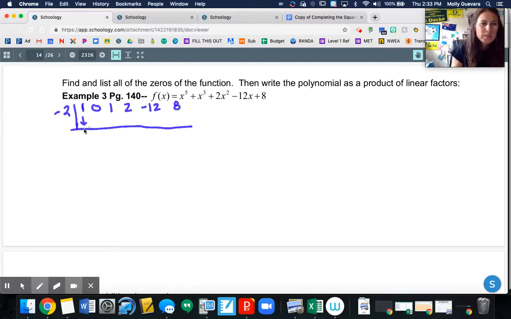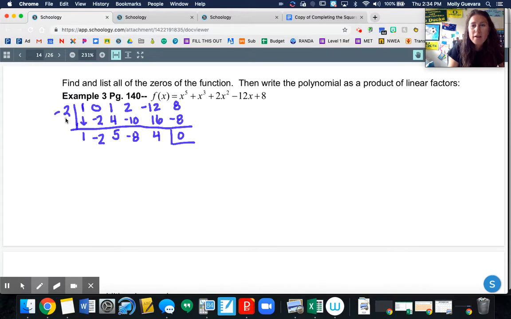So the 1 comes down, and I multiply, and then add. Negative 2 times negative 2, so I multiply and add, and multiply and add, and multiply and add. And I should get 0 here because I already know negative 2 is a factor.